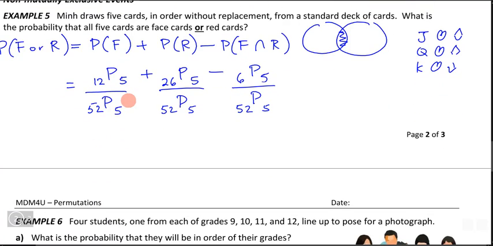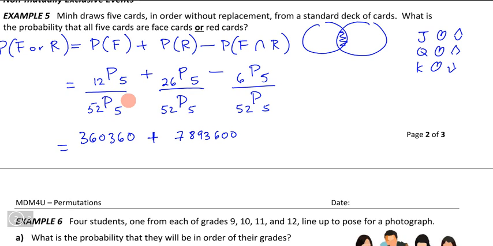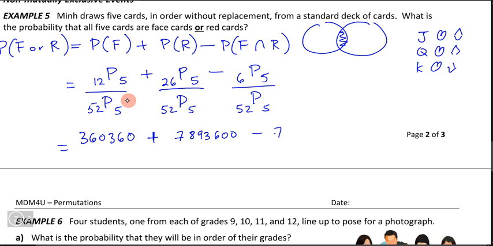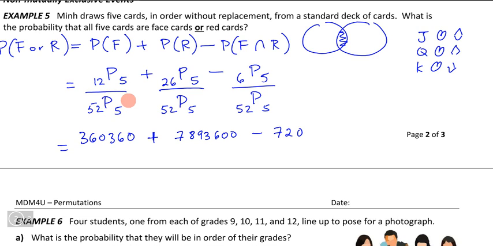Okay, so we have some fairly big numbers here. I'm just going to write them down. So 360 ways to arrange 5 cards from a set of face cards. There are 7,893,600 ways to arrange 5 cards from a set of 26 red cards, and I subtract 720 ways to arrange 5 cards from a set of 6 red face cards.